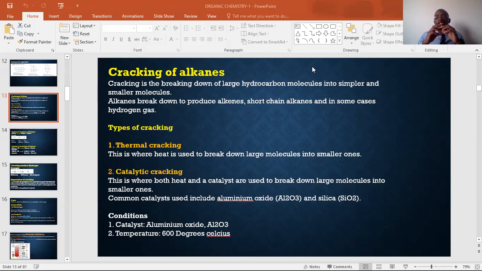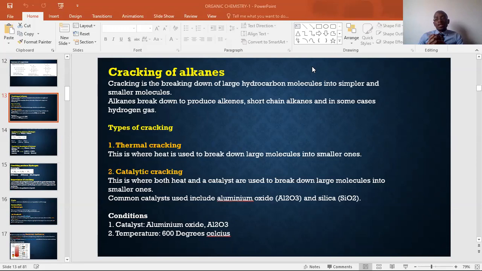We have a large chain of a hydrocarbon which is broken down into simpler, smaller molecules. So that is basically what is called cracking.